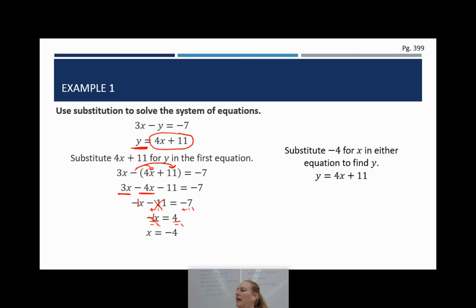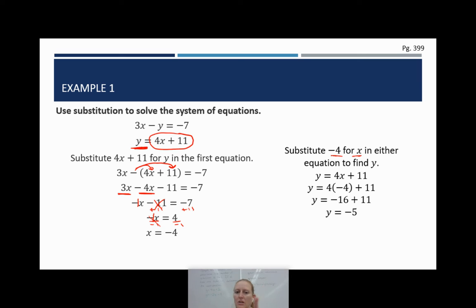So instead of 4x, I'm going to do 4 times that negative 4. We're going to substitute that in. Of course, 4 times a negative 4 is negative 16. Negative 16 plus 11 is a negative 5. Yay. So I have my 2 answers.